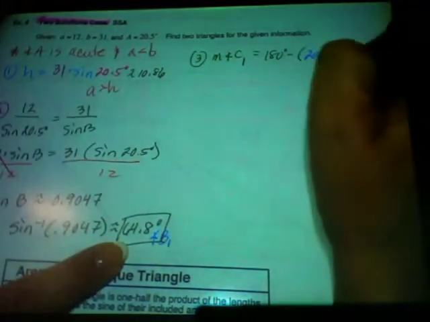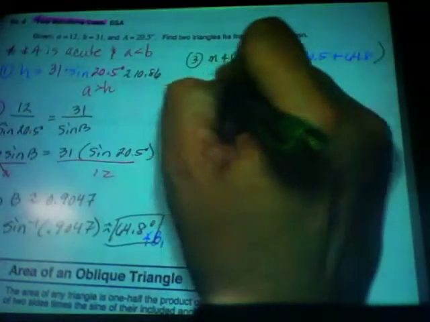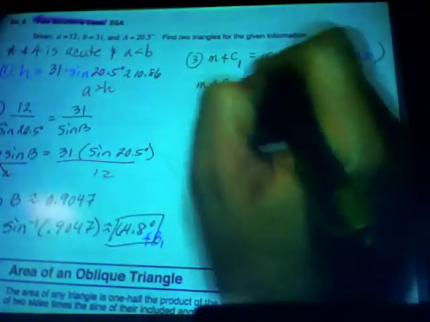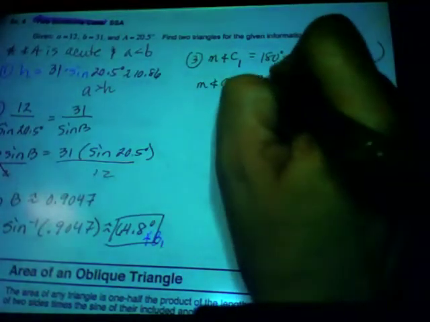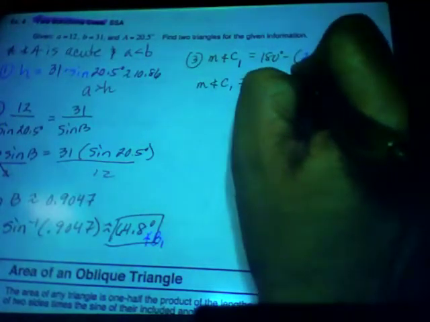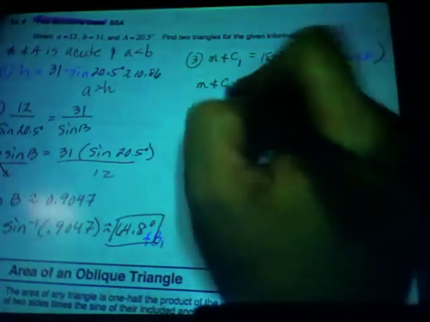So I was given a is 20.5 plus b is 64.8. What do you get? Yeah, you get 94 point, did you get 7? Yeah. So this is C sub 1.